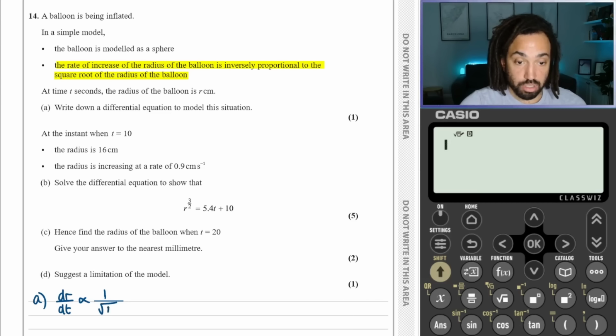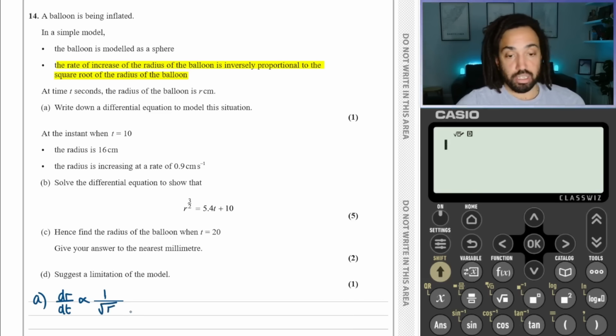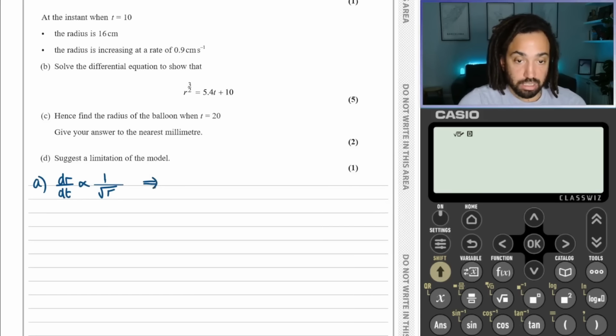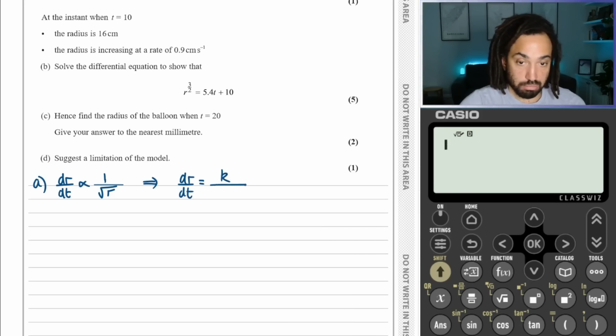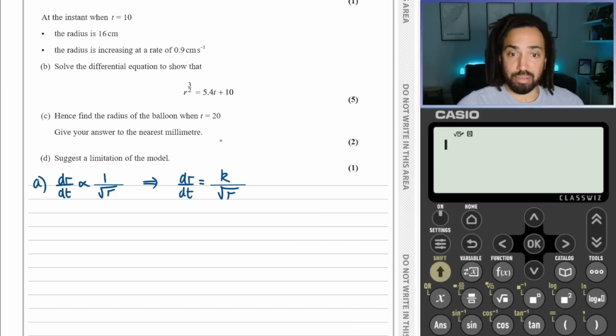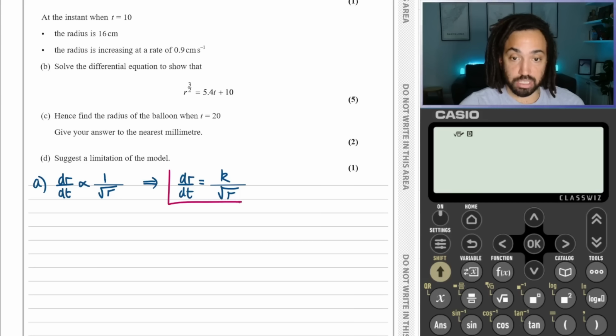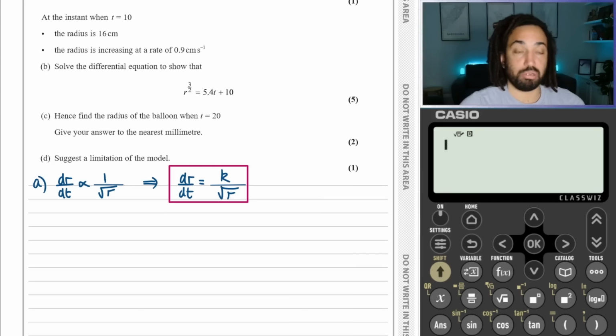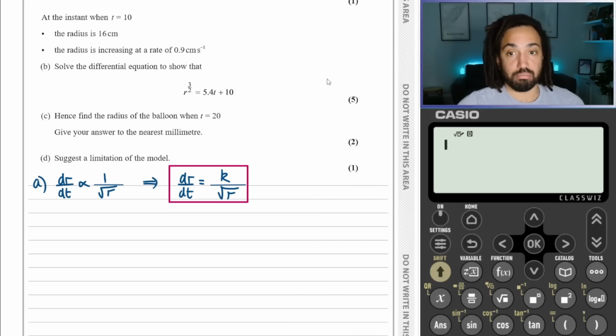So we can say that dr by dt is equal to a constant multiplied by 1 over the square root of r, so we can write it as k over root r. Now that, by my book, is a differential equation. So that's it. 1 mark in the bag.